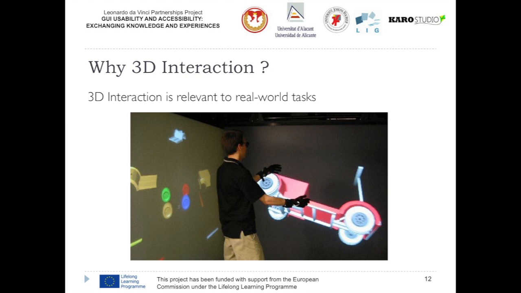Indeed, 3D data usually depicts the real world. 3D models, like for instance the car here, are displayed in a realistic way using projection techniques that are close to our eye projection. In such a way, 3D interaction should use more natural skills of the user, like the hand gesture presented in this picture.